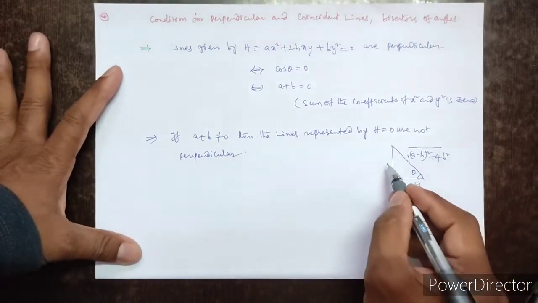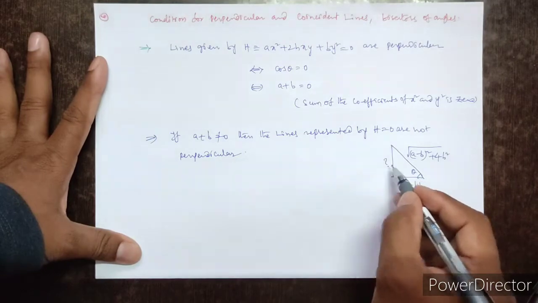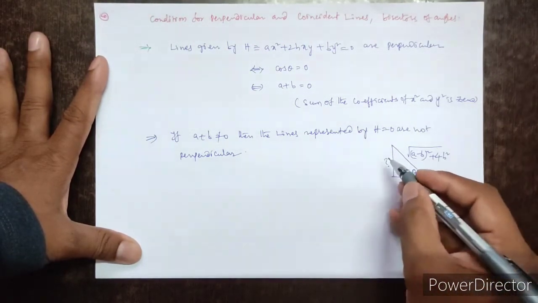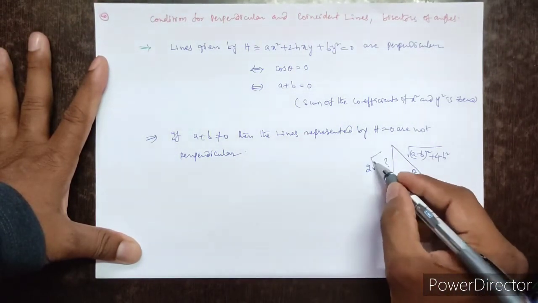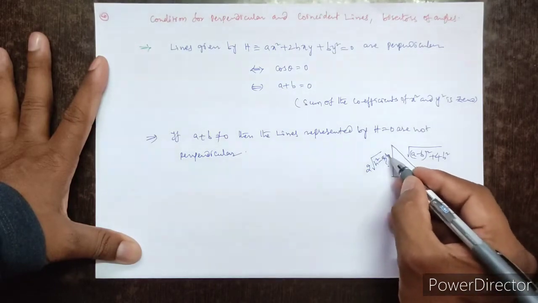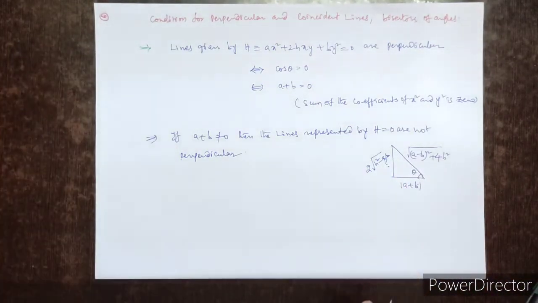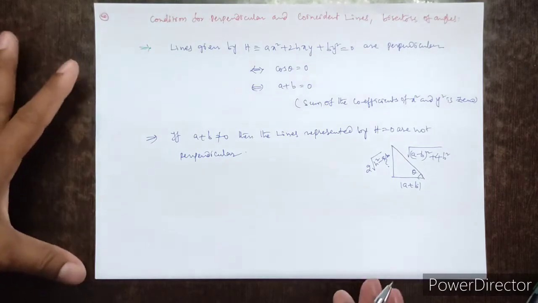By using Pythagoras we can find the remaining side, that is 2 root of h square minus ab.